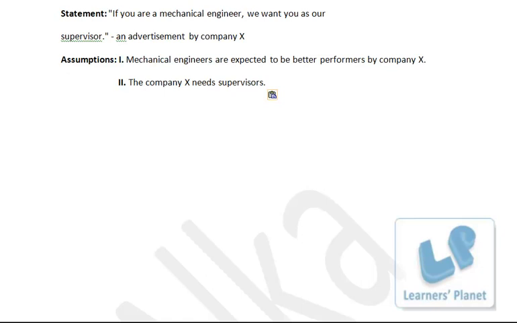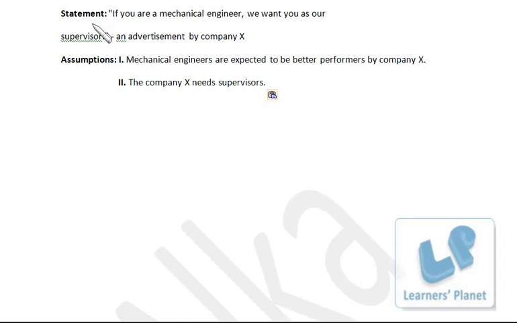Now the statement: If you are a mechanical engineer, we want you as our supervisor, an advertisement by company X. Now the first assumption: mechanical engineers are expected to be better performers by company X. See, it is not implied from the given statement.